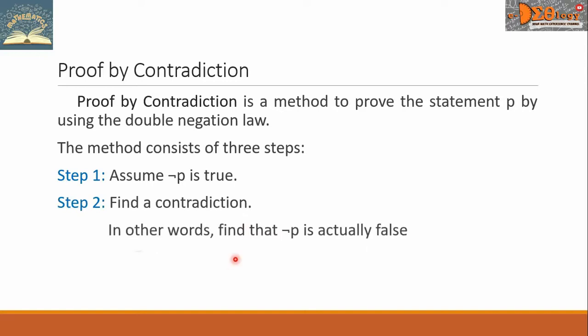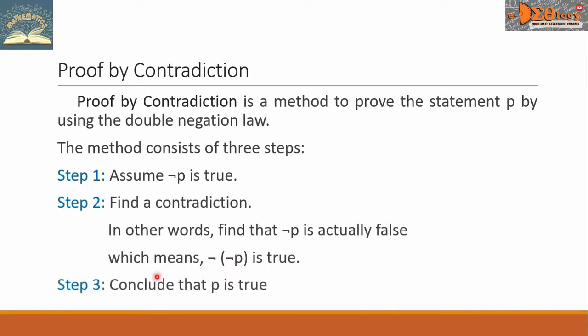In other words, find that not P is actually false, which means the negation of not P is true. Then step 3, conclude that P is true. That is, P is logically equivalent to the negation of not P.